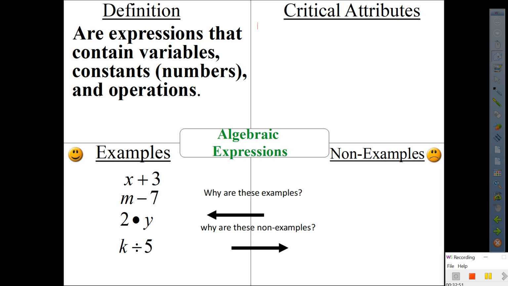All right, let's see, Jesse, why do you think these are not algebraic expressions? Yeah, there's equal signs and inequality symbols. So what does that mean, that these we can solve? Can we solve these? No, those are only simplified. Does that make sense, though? All right, so copy those, please, non-examples.